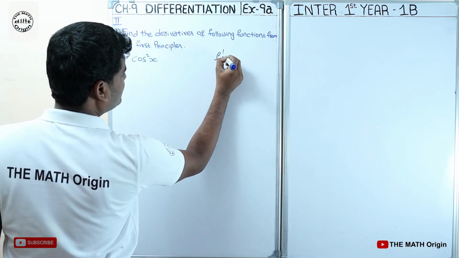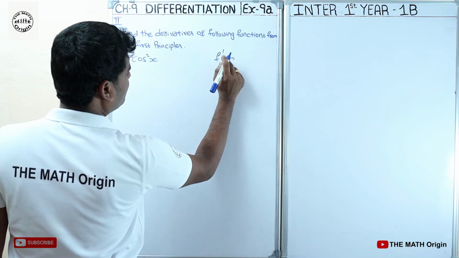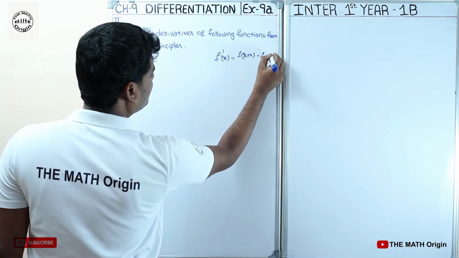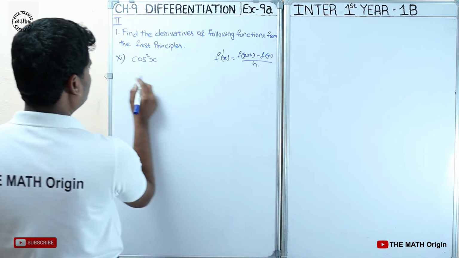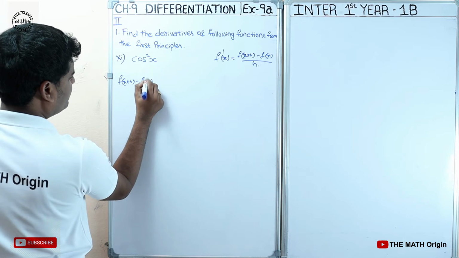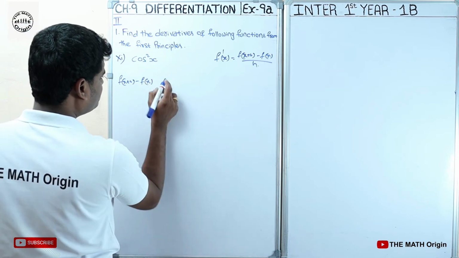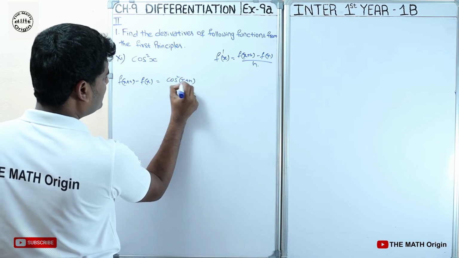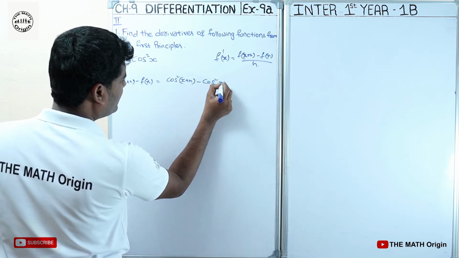We know f dash x means f of x plus h minus f of x by h. Okay, now let's do f of x plus h minus f of x, that is equal to cos square x plus h minus cos square x.